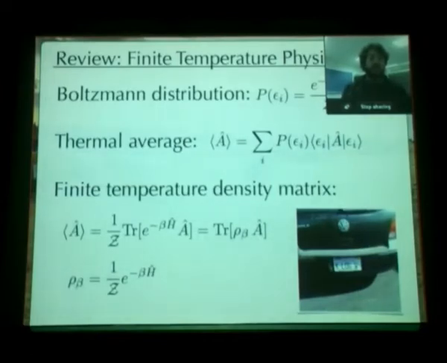Of course, in terms of the density matrix, instead of having these c-number weights, you just have an operator of the weights. But the advantage there is it lets you compute this trace over the thermal density matrix in any basis, not just in the basis of energy eigenstates.